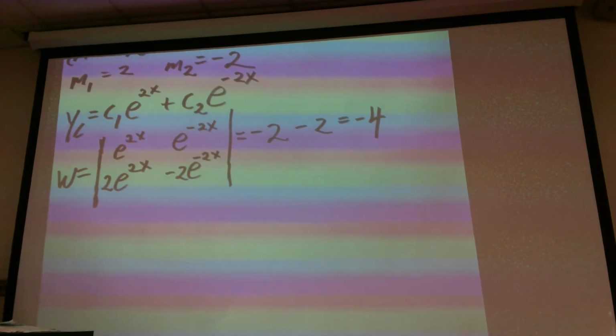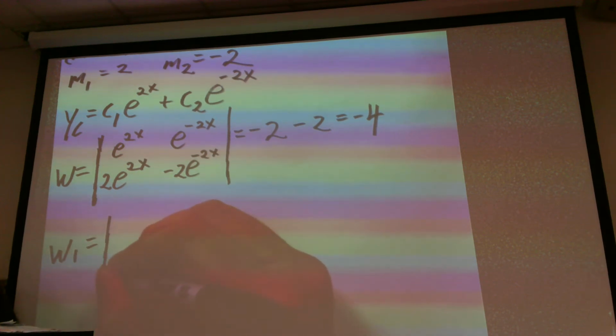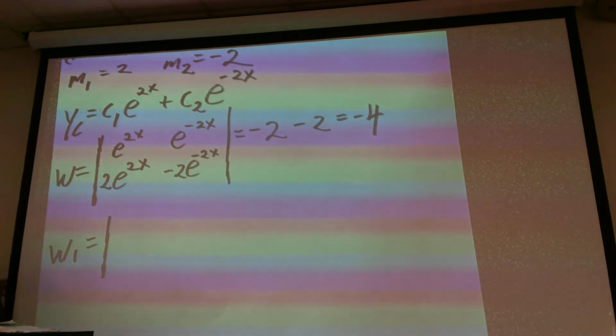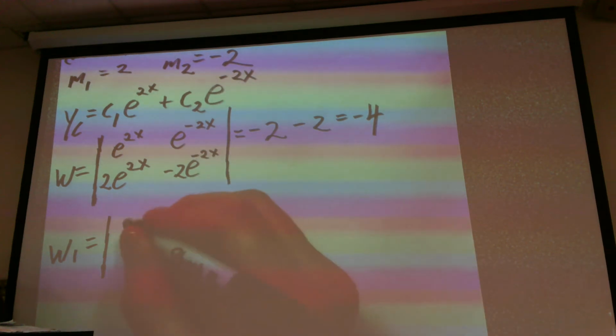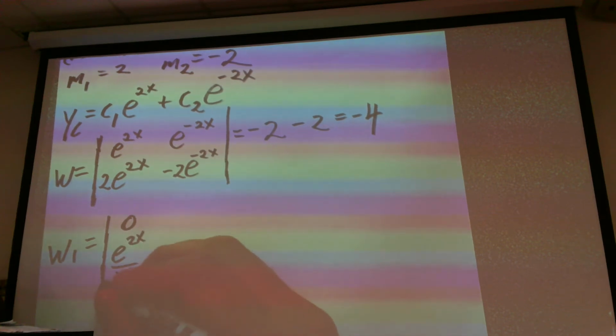All right, I think I fit W1 on this page. So W1: this would be 0, and then put the right hand side, e to the 2x divided by x.